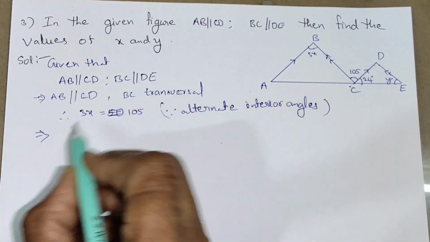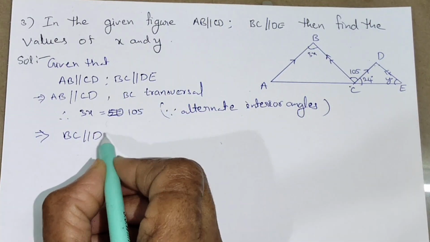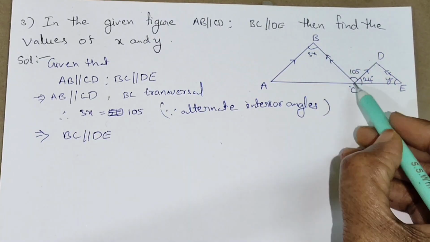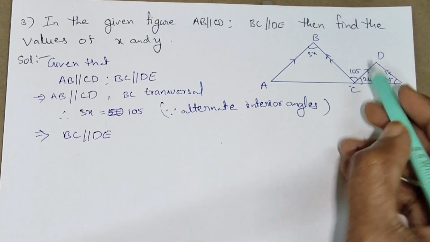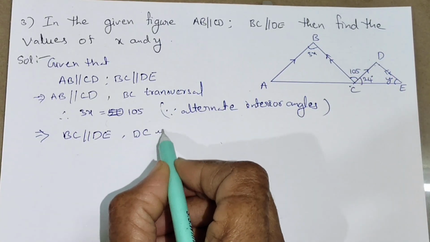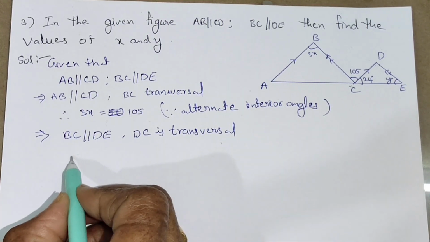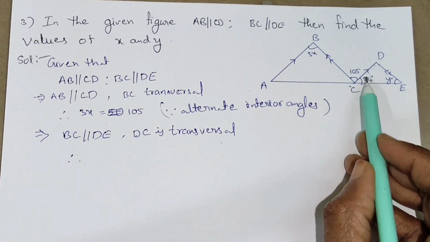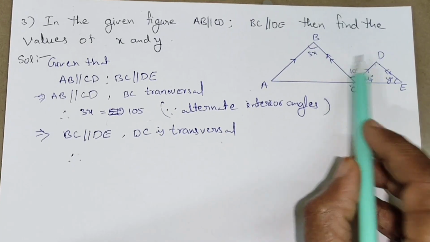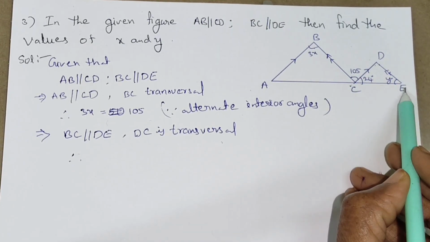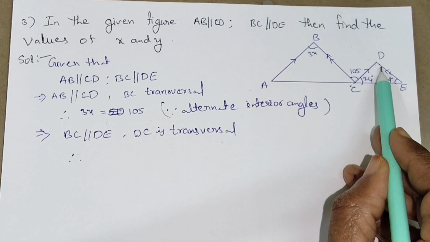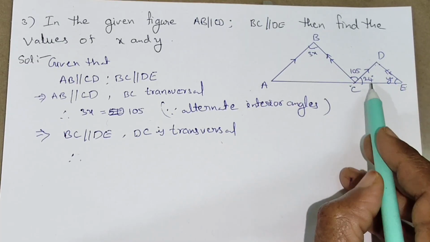Here BC is parallel to DE. Here DC is a transversal. Therefore, BC is parallel to DE and DC is a transversal.